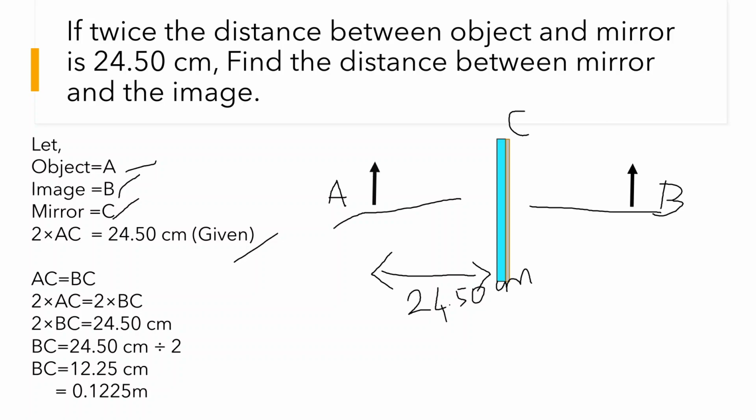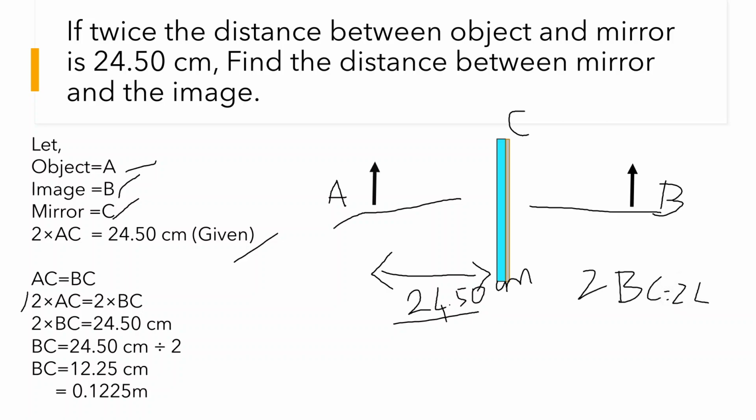So what happens? BC is equal to AC, and 2 into AC is equal to 2 into BC. They gave that twice the distance is 24.50. So 2AC is equal to 24.50, so 2BC is also equal to 24.50.